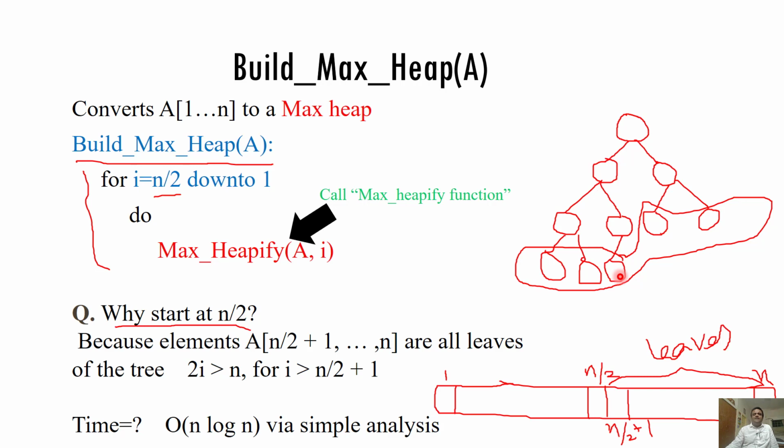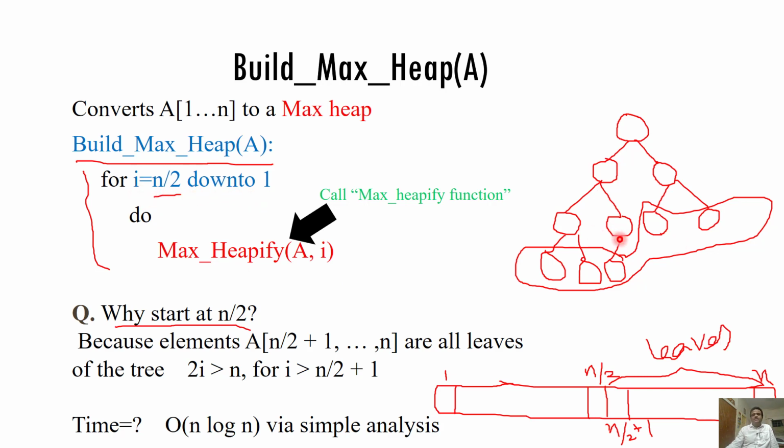If we consider the tree rooted at that node, they are already maxip, so no need to call maxipify for that. We only call maxipify when a node has a child, and the first node which has a child is the n by 2th node. That is why we call maxipify from n by 2 down to 1.